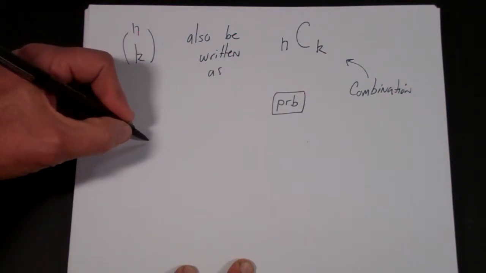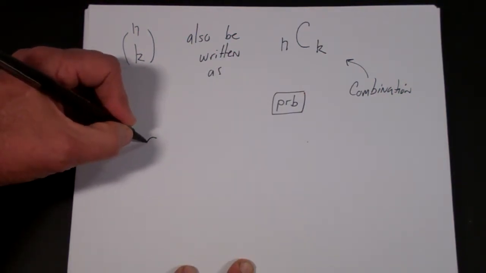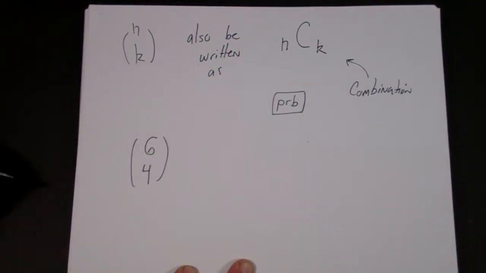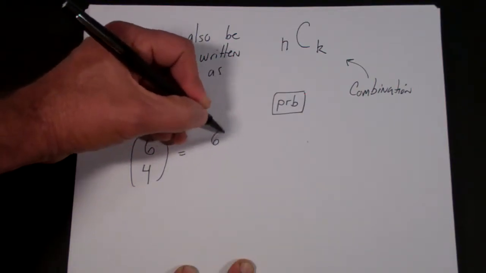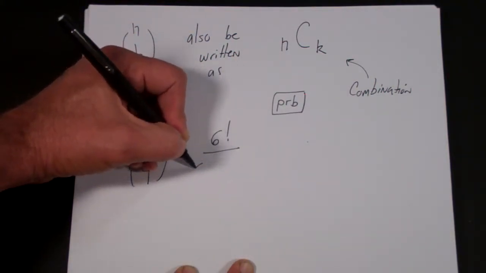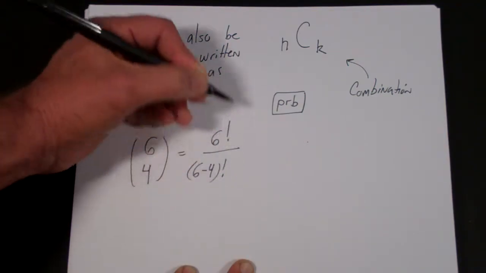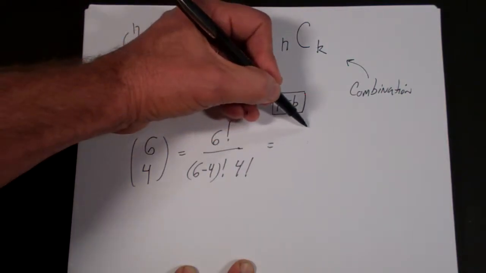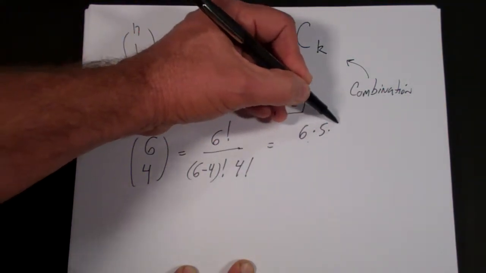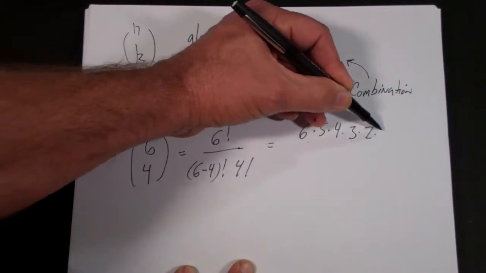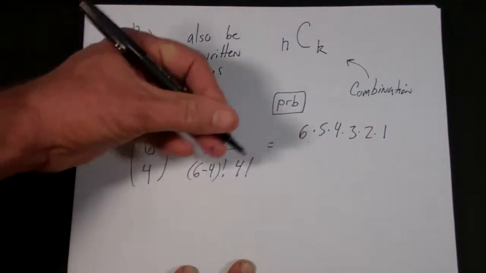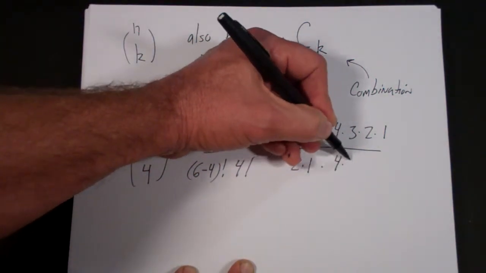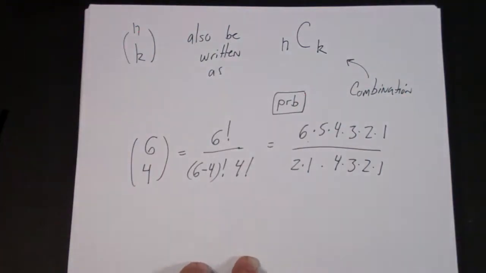Let's do one more example. Let's do 6 choose 4. 6 choose 4 is 6 factorial over 6 minus 4 factorial, 4 factorial, which is 6 times 5 times 4 times 3 times 2 times 1. 6 minus 4 is 2, so that's 2 factorial, so that's 2 times 1 times 4 times 3 times 2 times 1.